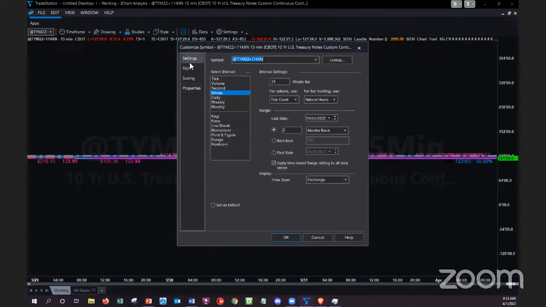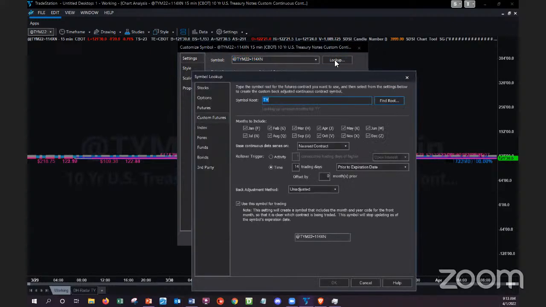So let's go back to settings. An easy way to look at some of these things is we can go into lookup, then custom charts, and here we have TY. You can see currently what we have, TYM22 equals 114XN.